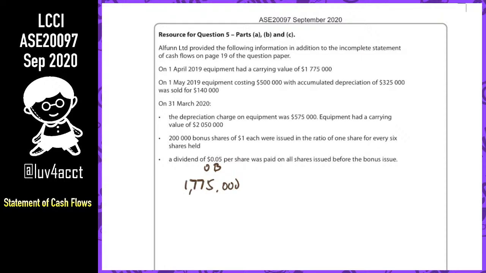Okay, and on the 1st of May, year 2019, okay, that is 1 month afterwards, equipment costing 500,000 with accumulated depreciation 325,000 was sold for 140,000. Okay, so we can calculate disposal gain or loss here already.